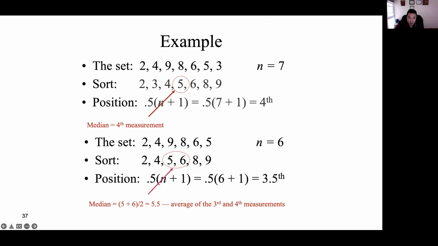The third sample item is 5, and the fourth sample item is 6. So 5 plus 6 divided by 2 is 5.5. That is the median for this case: the average of the third and the fourth measurement.